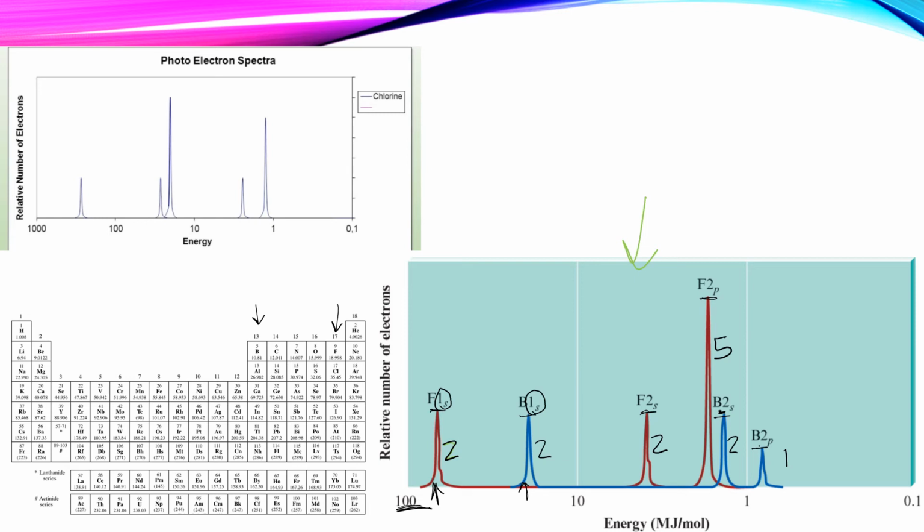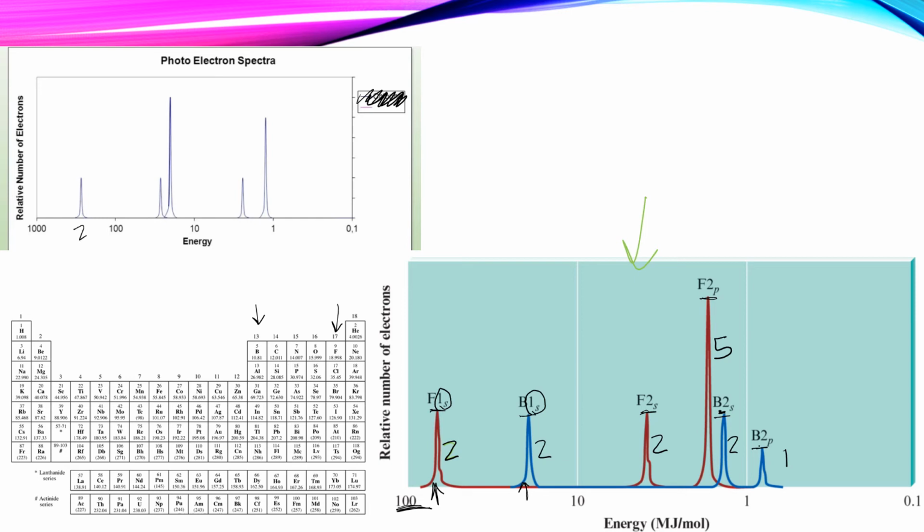You could be asked to identify, and of course I left this chlorine in here, possibly what a photoelectron spectroscopy graph, which atom it's representing. And so we can do that by just counting up the electrons.